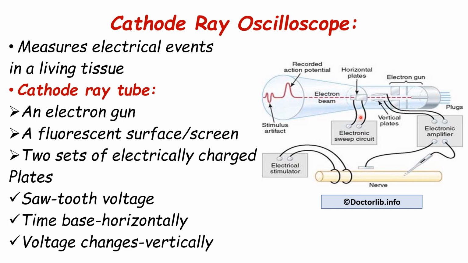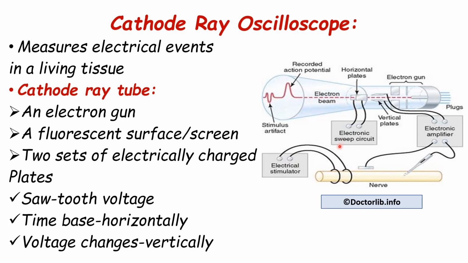The horizontal plates are connected to the sweep generator. When a voltage is applied across these plates, the beam of electrons, being negatively charged, is attracted towards the positively charged plates and repelled by the negatively charged plates.